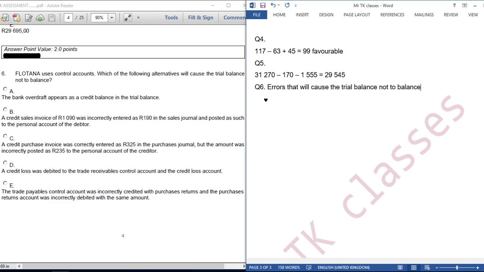All right, what are they? Posting one amount on the same side of two ledger accounts.